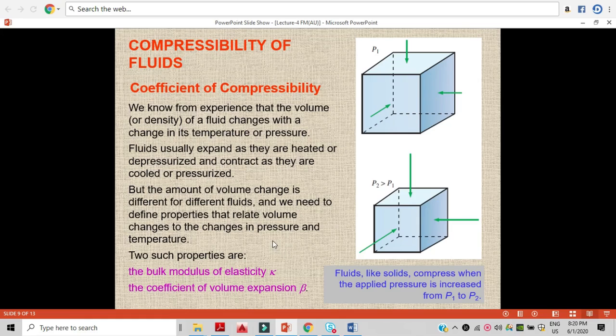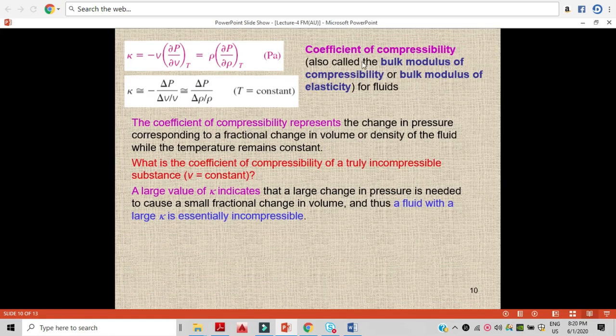So let's see the coefficient of compressibility, also called the bulk modulus, indicated with K. What is the bulk modulus, the coefficient of compressibility? It represents the change in pressure corresponding to the fractional change in volume.